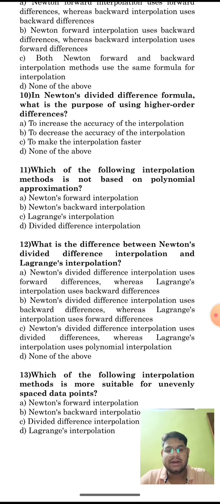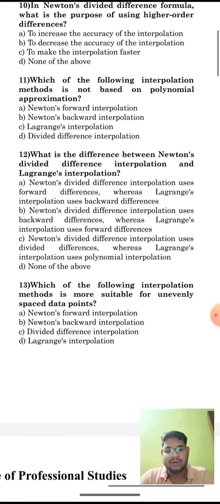Option C. Newton's divided difference interpolation uses divided differences, whereas Lagrange's interpolation uses polynomial interpolation. Option D. None of the above. The correct answer is option C. Newton's divided difference interpolation uses divided difference, whereas Lagrange's interpolation uses polynomial interpolation.